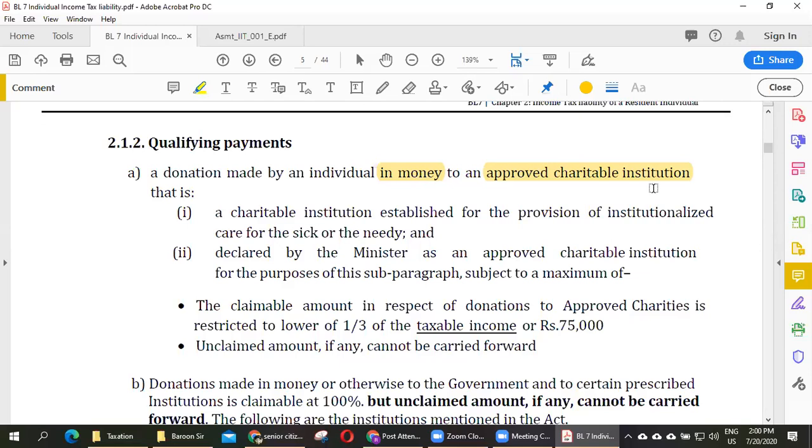A minister. Yeah, a minister. Which minister? There are a lot of ministers. Which minister should approve a charitable institution?